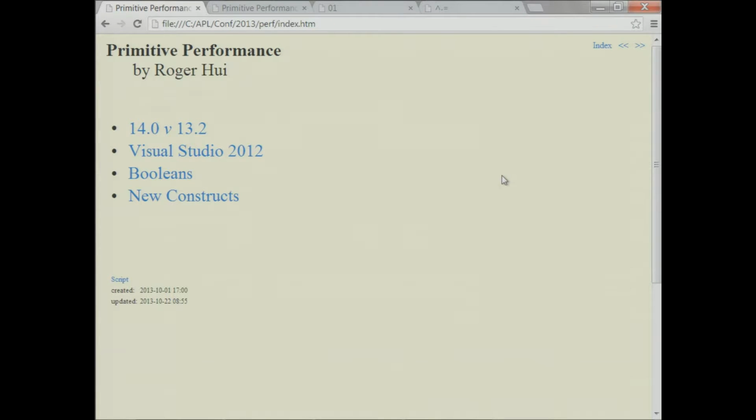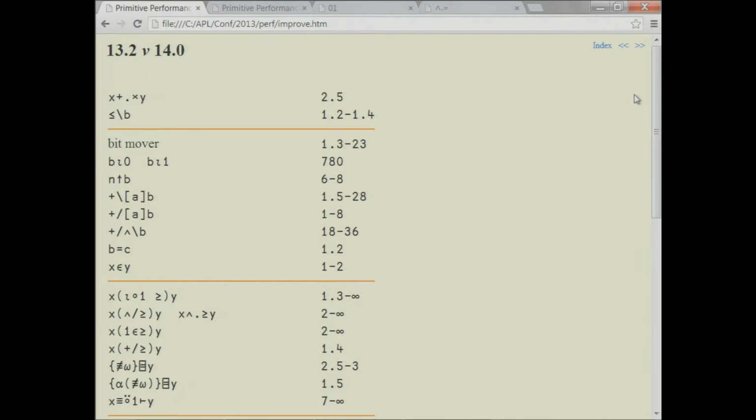Okay, so those are the topics I hope to cover in the remaining time. So version 14 has a number of performance improvements, and it goes off the screen.